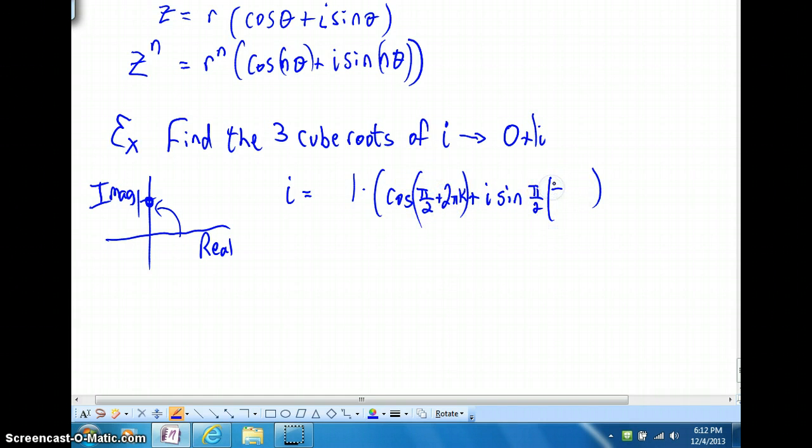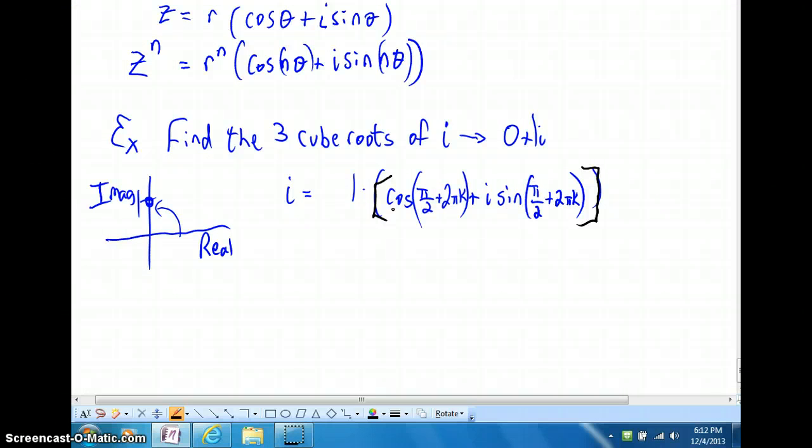Now that might seem a little odd at first. You might wonder, well, my goodness, shouldn't we just choose one simple angle? And of course the simplest angle would be best. Normally that would be the case. However, we're going to say, my goodness, what if we wanted to take the third root of i?